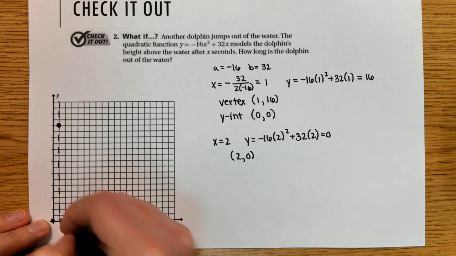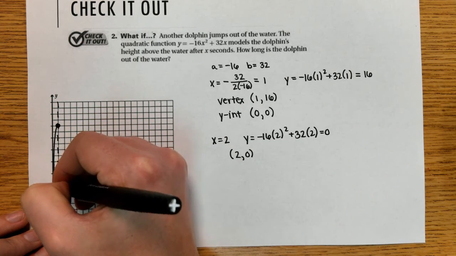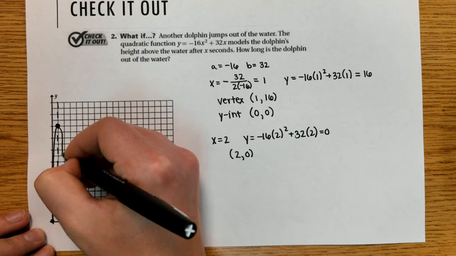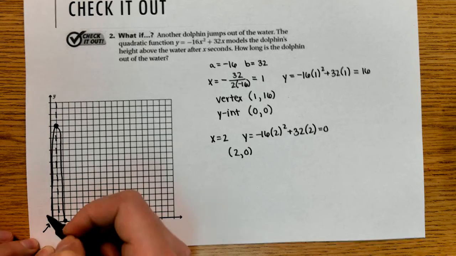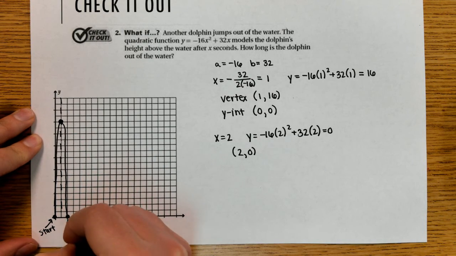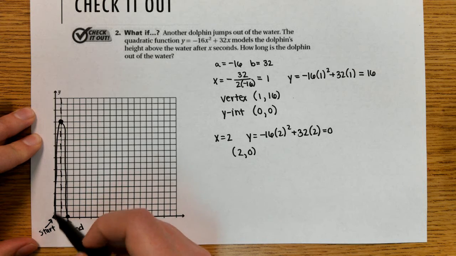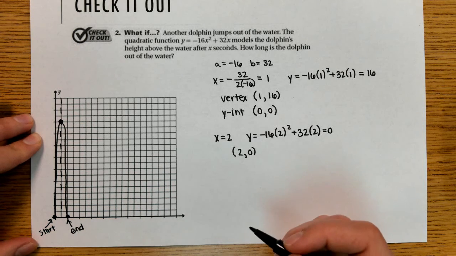So right here. If you connect your graph, it'll look something like this. So this is where the dolphin is starting, and this is where it's ending. So it's going up and down. So that whole time, it's taking 2 seconds.